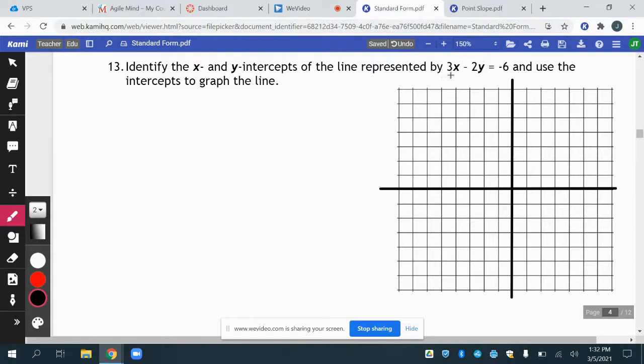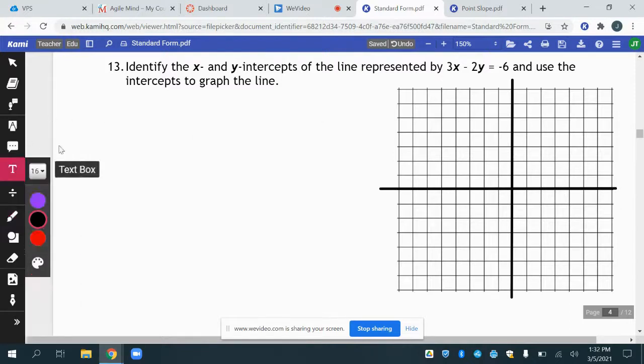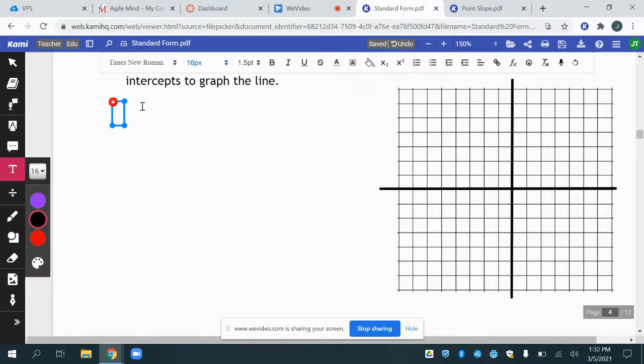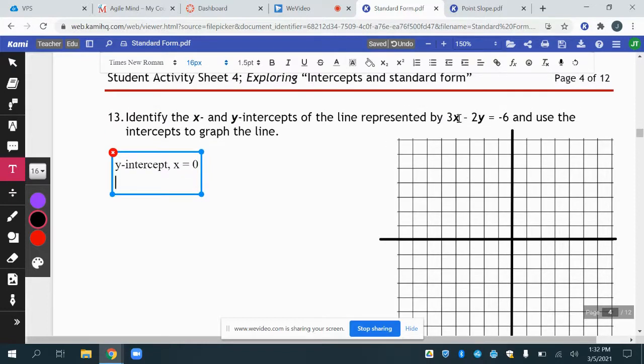Okay, so here's the way I do this if I'm in a hurry, just so you understand. Y-intercept: x equals 0. I'm going to type in x equals 0. That's going to be 3 times 0 is 0. So I'm going to end up with negative 2y equals negative 6. I'm going to solve that.